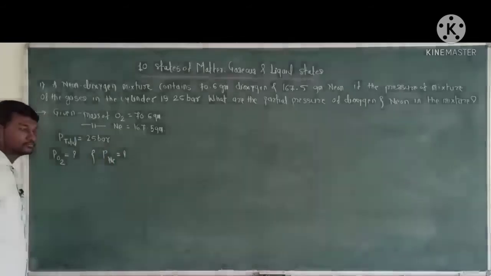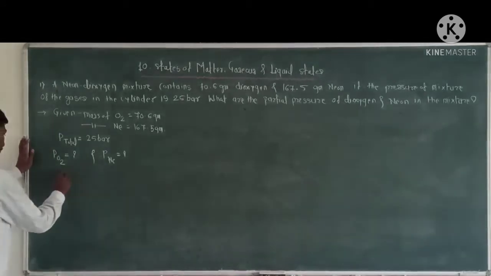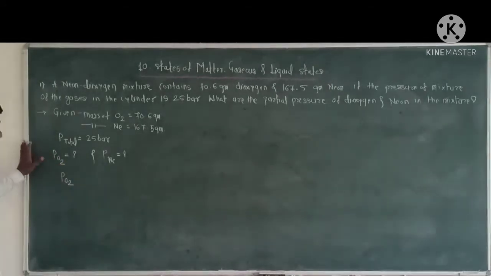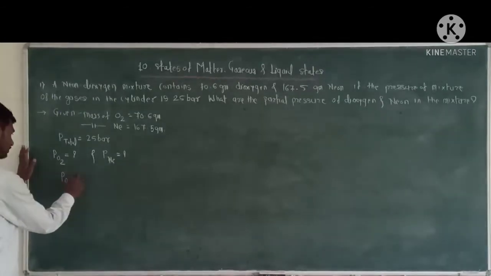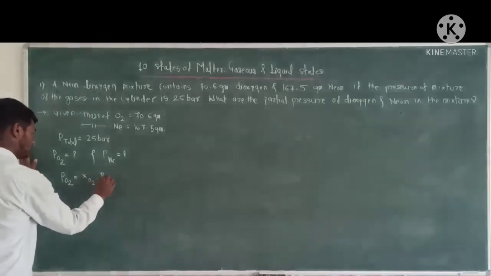Okay, now the partial pressure of dioxygen is calculated by using the formula: partial pressure of dioxygen is equal to mole fraction of dioxygen into P total.